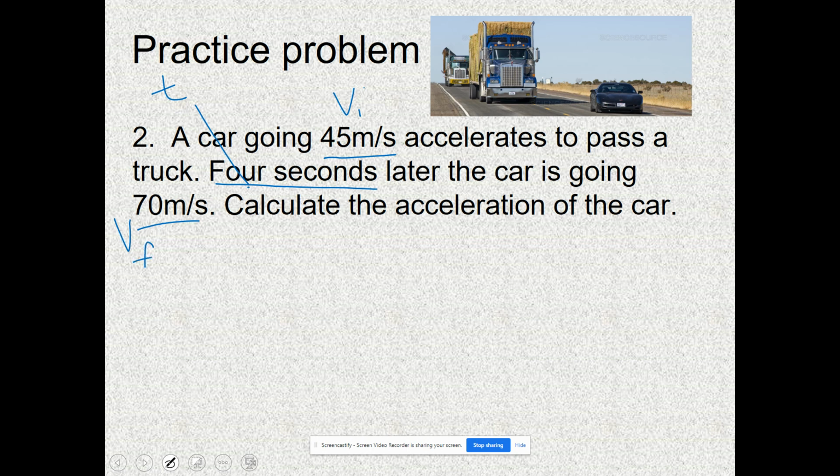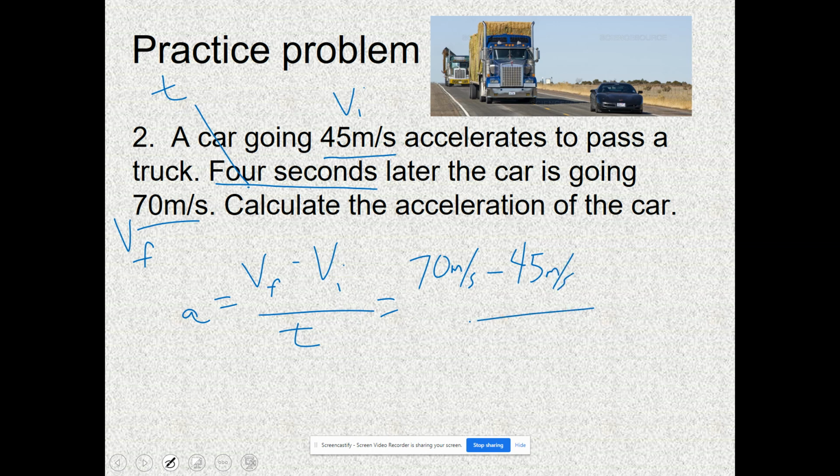So we want to calculate the acceleration, which is the final velocity minus the initial velocity, all divided by time. That's the formula. Write it down if you don't have it written down so that you will no longer be saying, where do I get the formula? Okay, the final velocity is 70 meters per second minus 45 meters per second divided by 4 seconds.